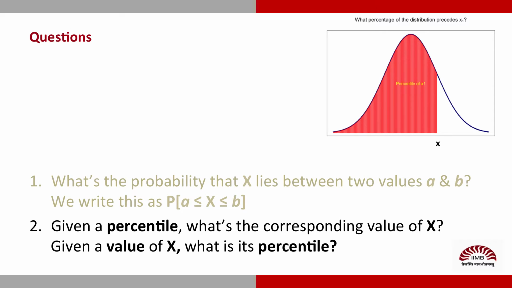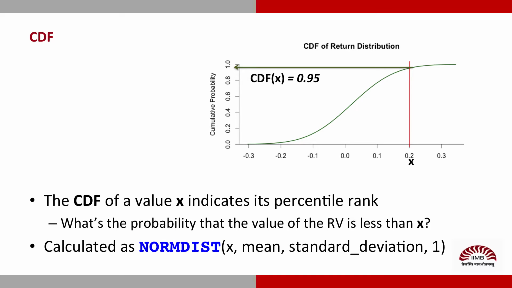The flip side of question 2 is when we have a specific return and we want to know where it stands. How about a return of 20%? That is steep, Lisa. Assuming x is normally distributed, we would want the cumulative probability. We will use normdist once again. Watch me.